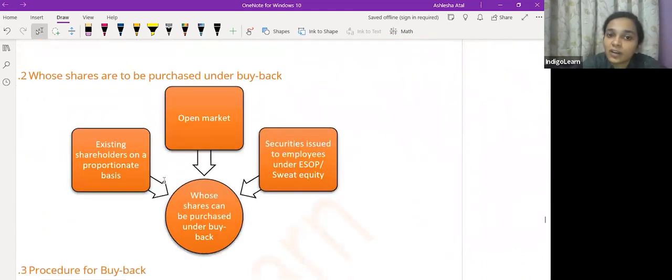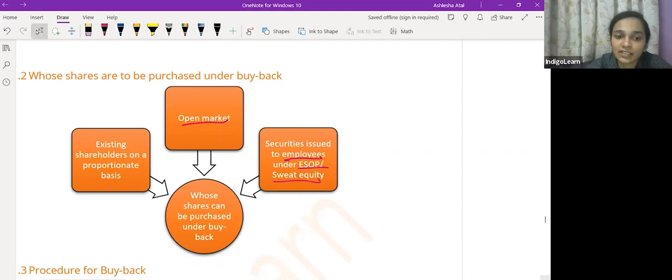Now talking of किसके shares buyback किए जा सकते हैं? Existing shareholders on proportionate basis. Buyback भी proportionate basis पे ही होता है. So existing shareholders के share या फिर open market में जाके from the public, या फिर securities which are issued to employees under ESOP या फिर sweat equity. So these are the shares which can be bought back.